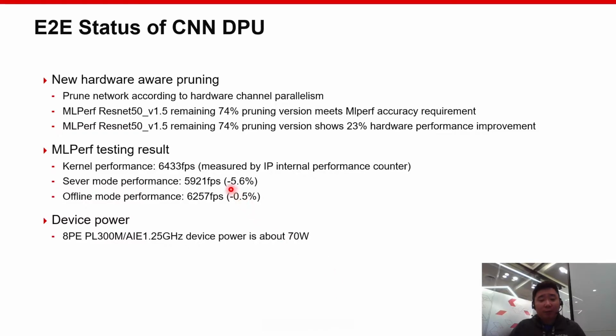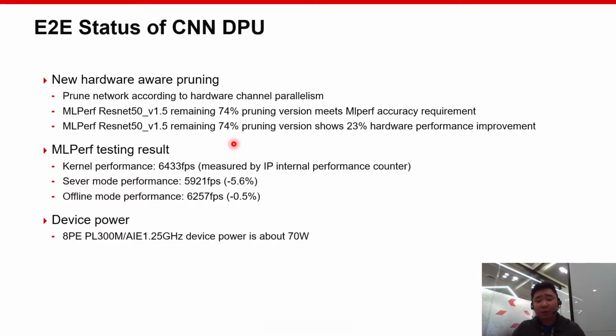The hardware-aware pruning means coarse pruning, not fine-grained. You could achieve like 23% hardware performance improvement with a 26% cutoff. If you remember the similar model on DPUV2, we could prune the models to 50%, 30%, or even 10% of original size, but only 74% here on DPUV4E.